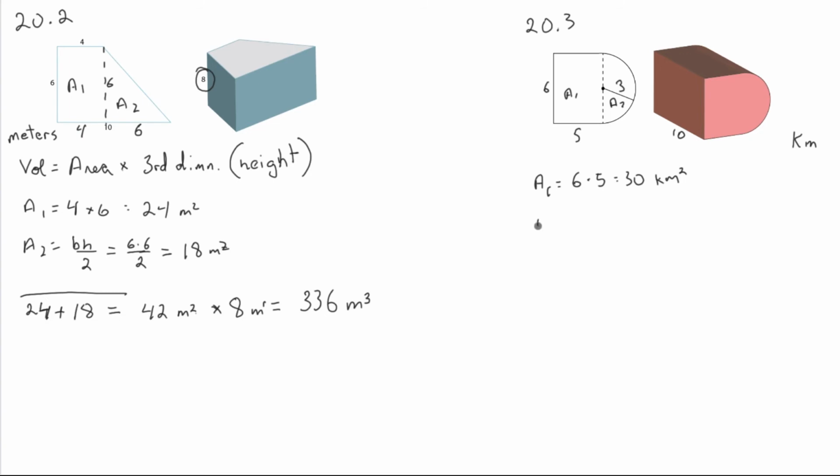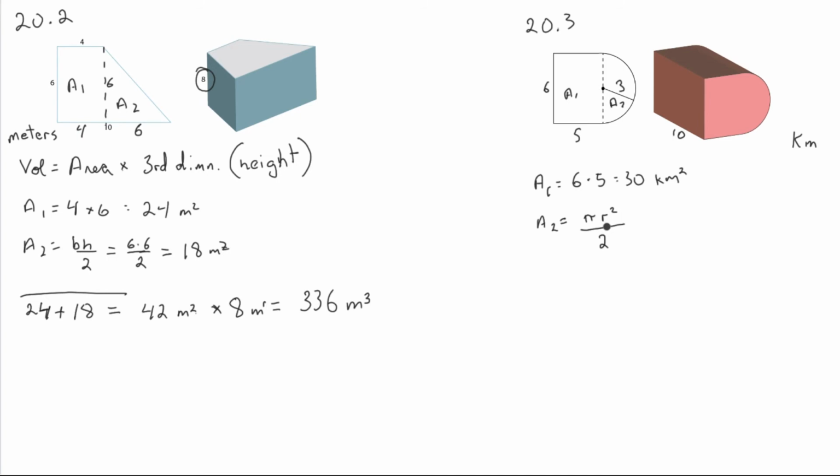And then area 2, remember the area of a circle is pi r squared, but it's a half circle, so we divide it by 2, right? So the radius is 3, so 3 times 3 is 9.